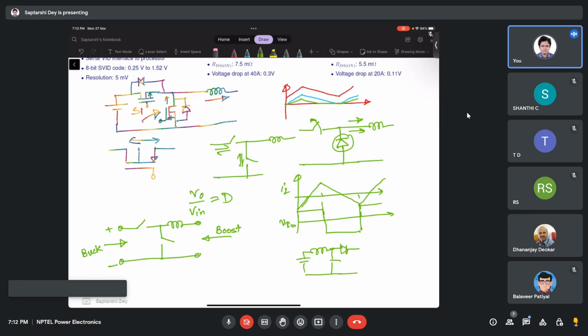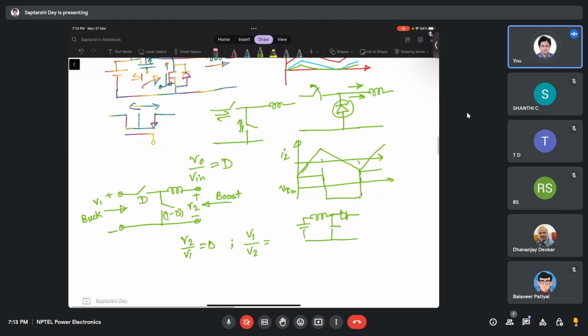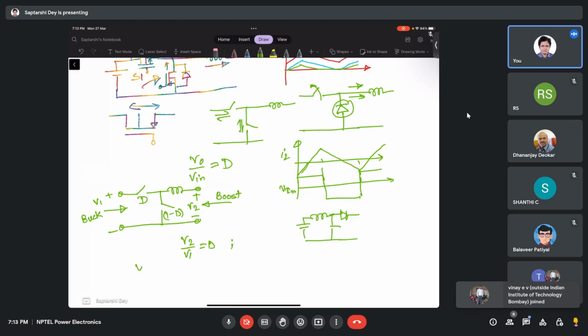If I call this voltage V1, and this voltage V2, and say the duty ratio of this switch is D, then the duty ratio of this switch must be 1 minus D. So V2 by V1, if I write from the buck point of view, is D. On the other hand, from the boost point of view, V1 by V2 is 1 by 1 minus D, right?